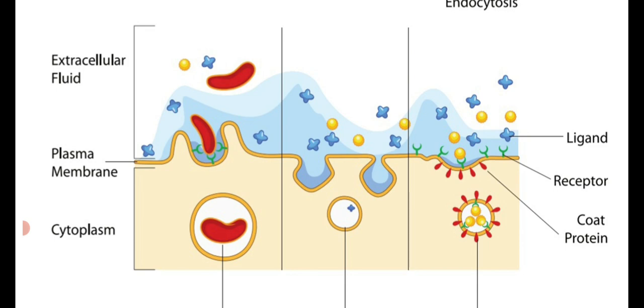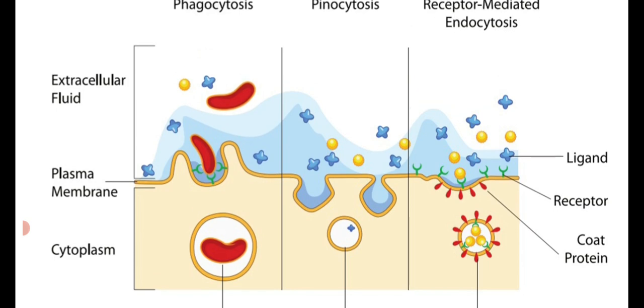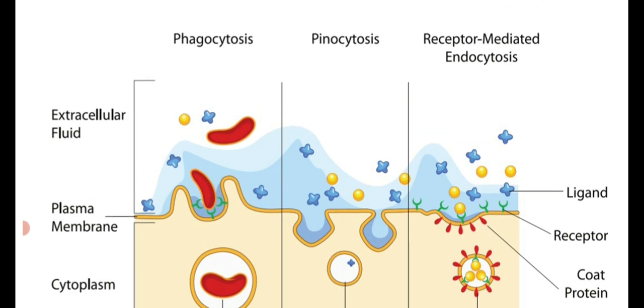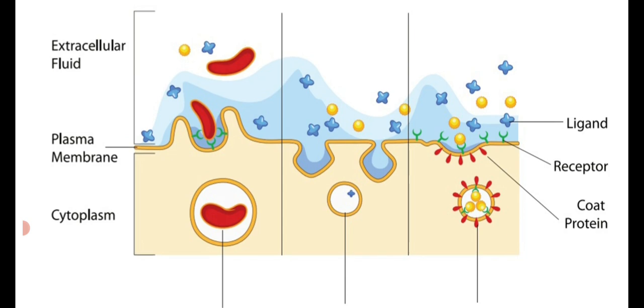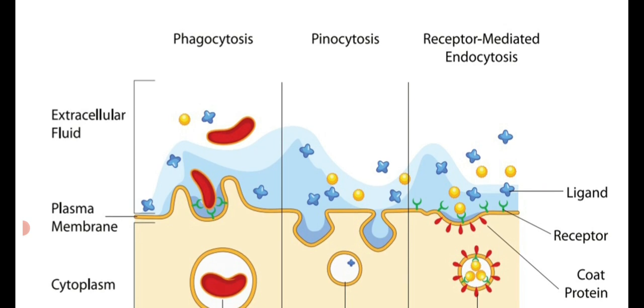The cell membrane enlarges and liberates the molecules outside. That is said to be exocytosis. See the cytoplasmic region, plasma membrane. They are made up of with the outer region fluid, extracellular fluid.